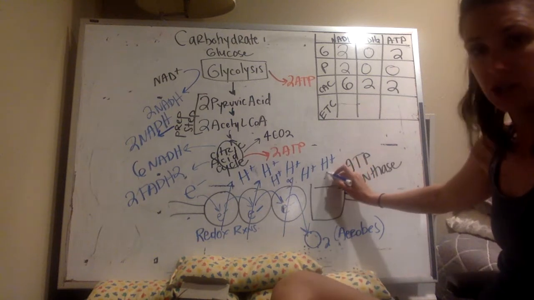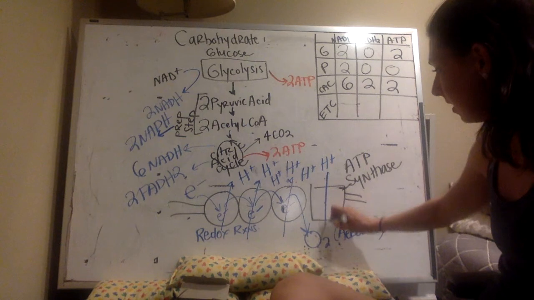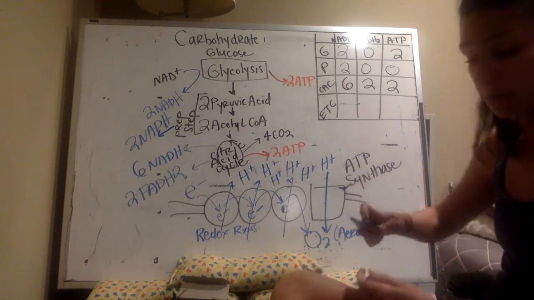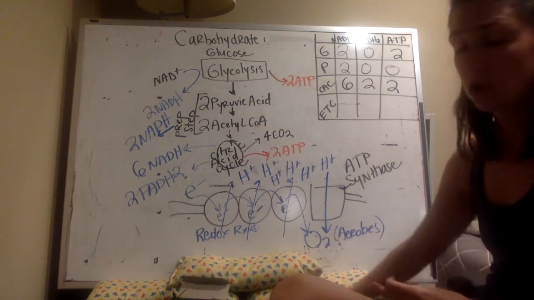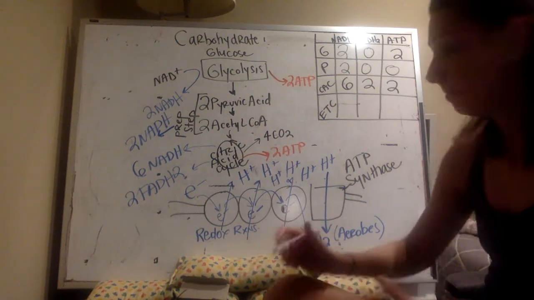Okay, so these hydrogen ions are going to diffuse passively down their concentration gradient through this ATP synthase, and that's going to power a structural mechanism that is going to generate ATP.